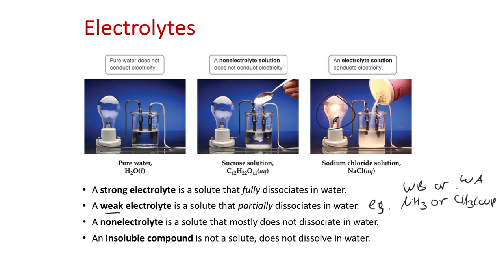Molecular compounds you might be seeing are a little more complex than ionic compounds. Ionic: it's soluble, strong electrolyte. If it's molecular, it could be a weak acid or a weak base, where you get partial ionization, or it could be like HCl, where you get complete ionization for strong acids. A non-electrolyte is a solute that mostly stays intact and doesn't ionize at all in the solution.